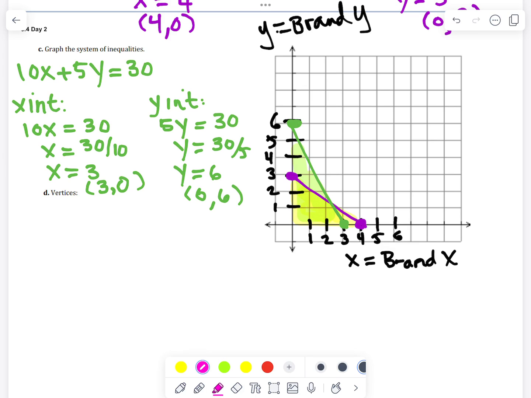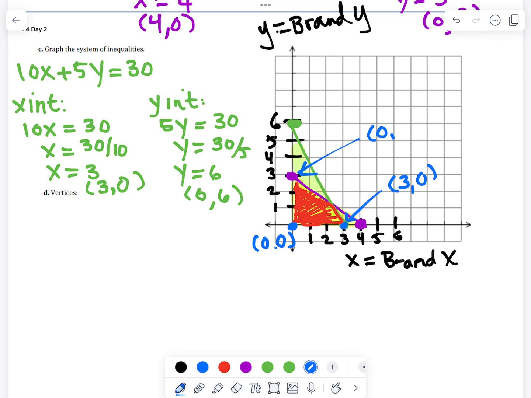So the overlap will be this red region right here. So 3 of the vertices are nice. 0, 0. 3, 0. And 0, 3.